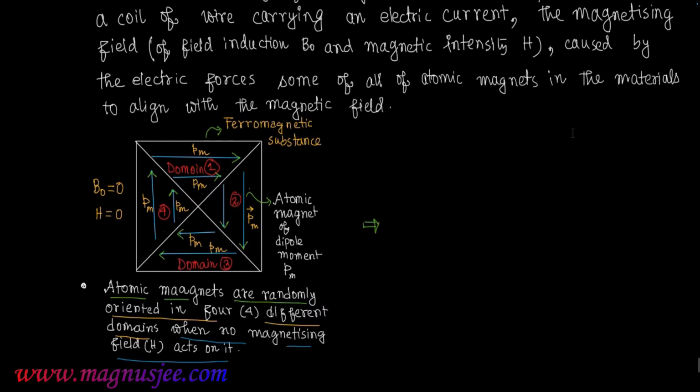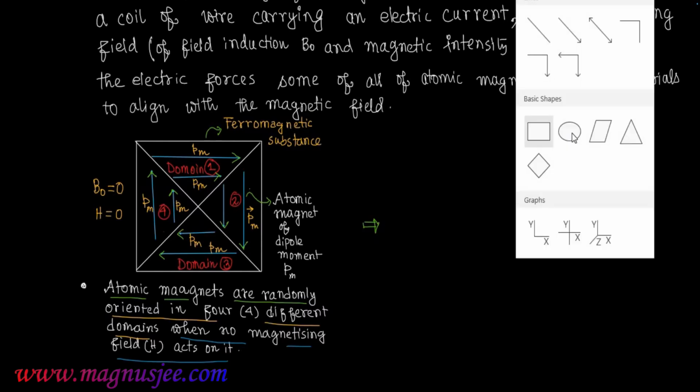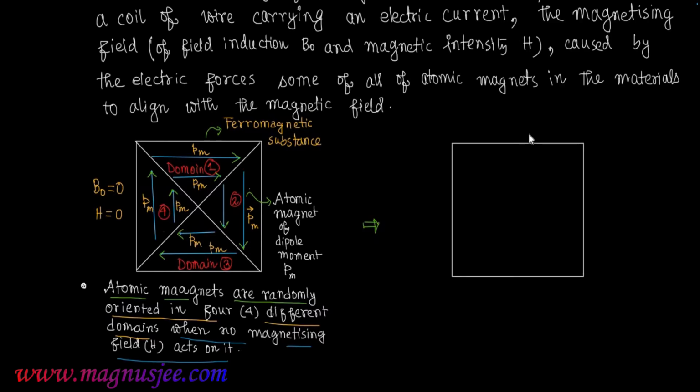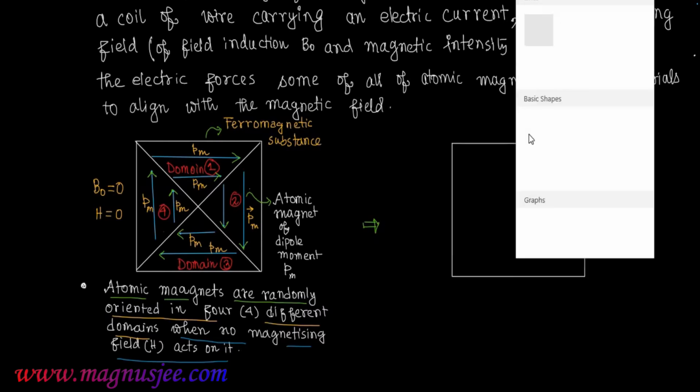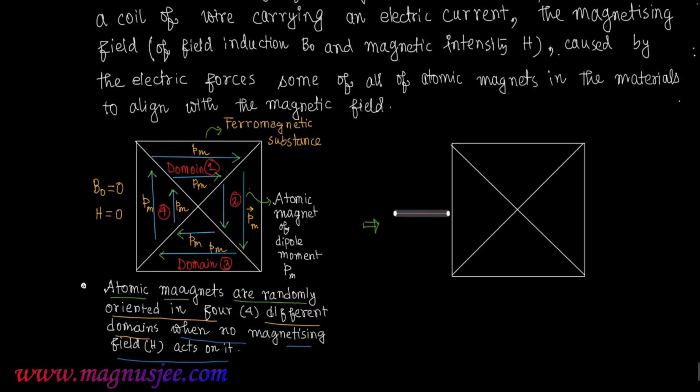And if an external magnetic field is applied on this ferromagnetic substance, what will be the orientation of atomic magnets of this ferromagnetic substance? In the second diagram, an external magnetic field of field induction B0 and field strength H is applied on this ferromagnetic substance.